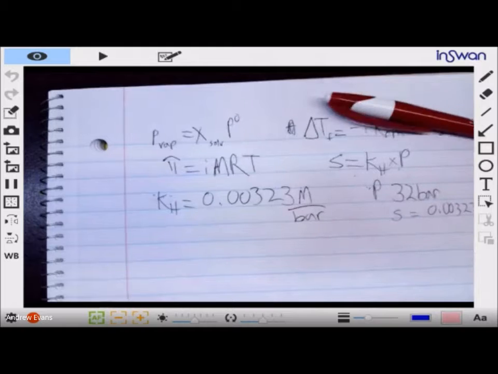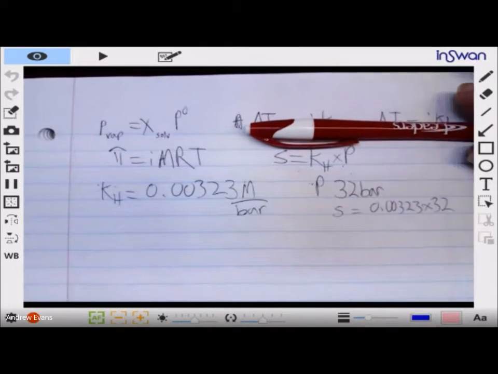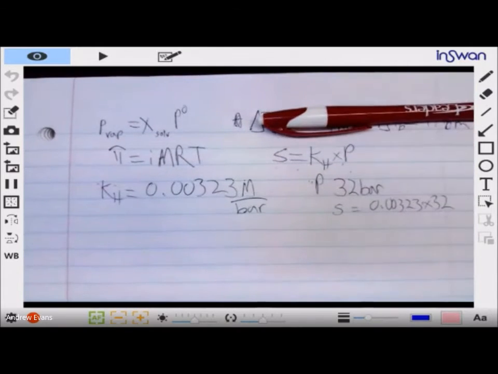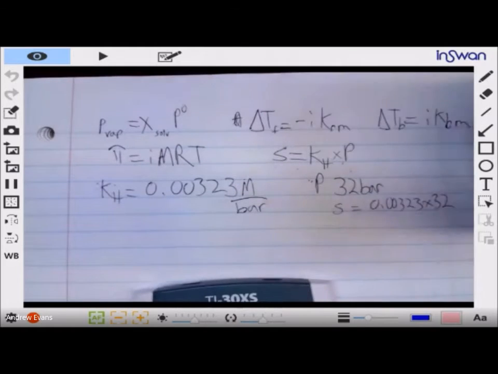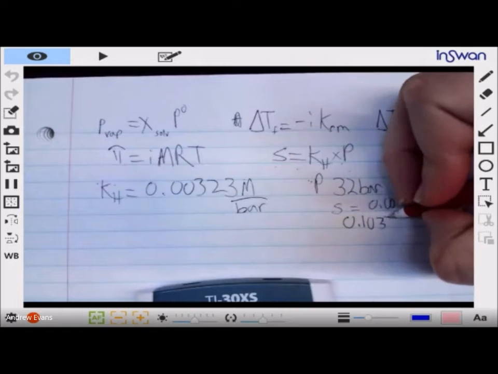If, for example, I were to give you this in PSI or torr, you might have to convert. But it's practically just multiply those two numbers together. So your molarity in this case would be 0.10336 molar.